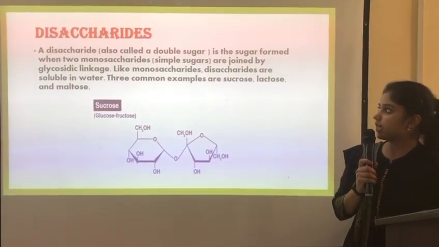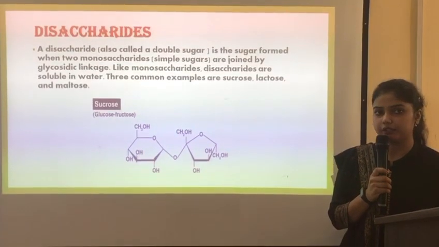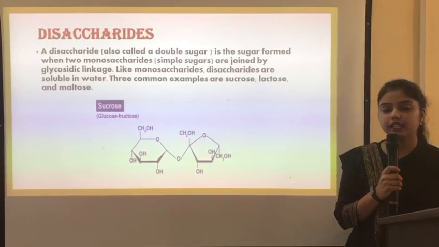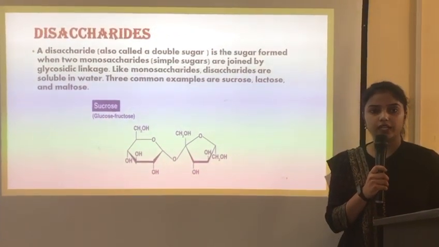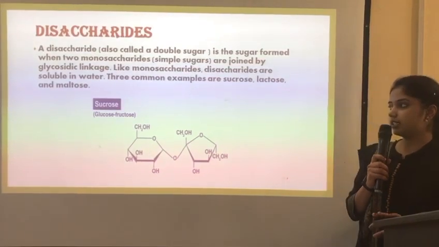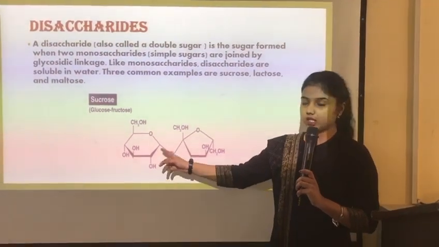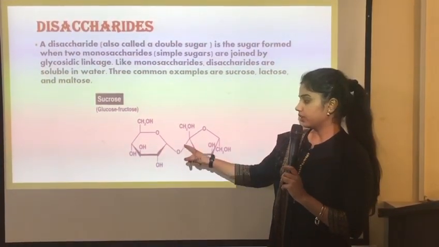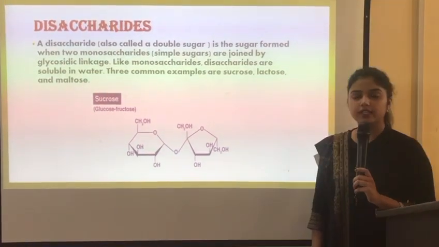Like monosaccharides, disaccharides are soluble in water. Three common examples of disaccharides are sucrose, lactose, and maltose. In this slide, these are the two monosaccharides. These two monosaccharides are joined by a glycosidic linkage, and this whole structure is called a disaccharide.